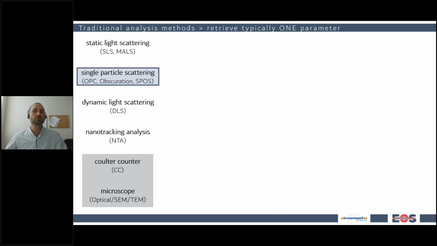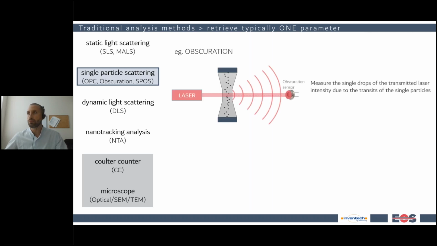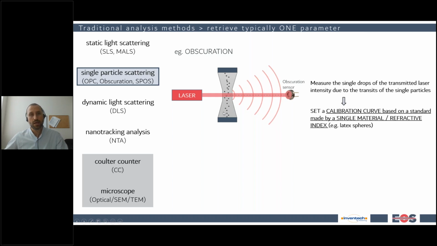The same applies if we consider, for example, the single particle approach. Let's say obscuration, just to give you an example. We have particles, and we flow them through a cell again. But in this case, we focus the analysis on single particles. We measure in particular the drop of the transmitted intensity due to the transit of the particle through the beam. Then we have to apply a calibration curve to interpret the drops of intensity.